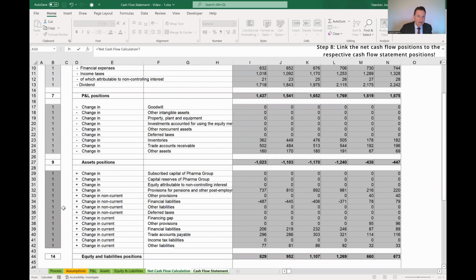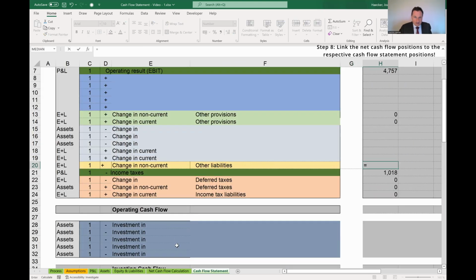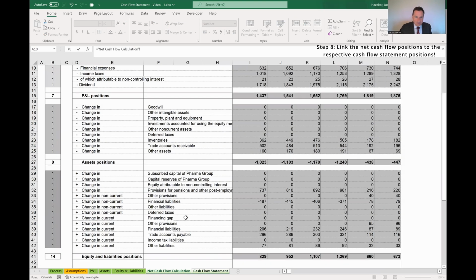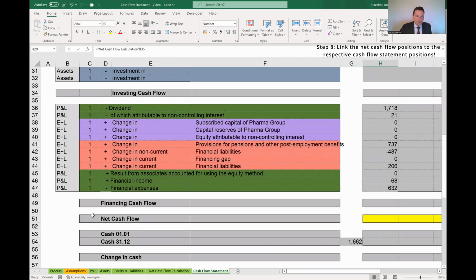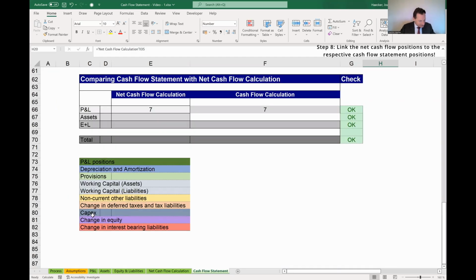Where is that? Change in non-current other liabilities. It's this one. And that is a small position, and it's definitely not big. It's a 0. Non-current other liabilities is 0.